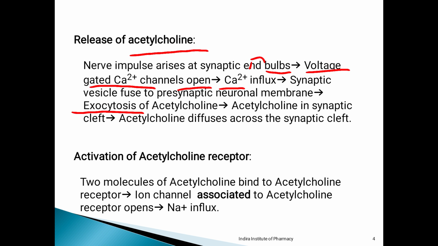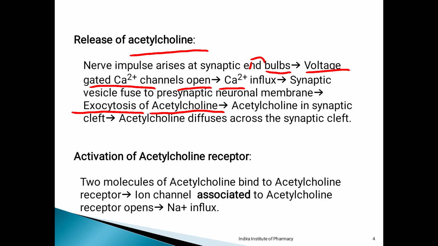What does that mean? The vesicle will burst open after fusing with what? The presynaptic neuronal membrane. Once it bursts, acetylcholine will be released into the synapse, that is the synaptic cleft.